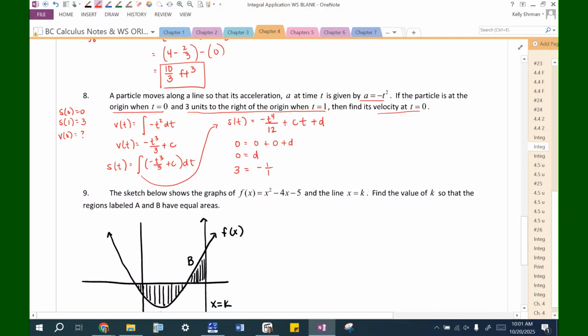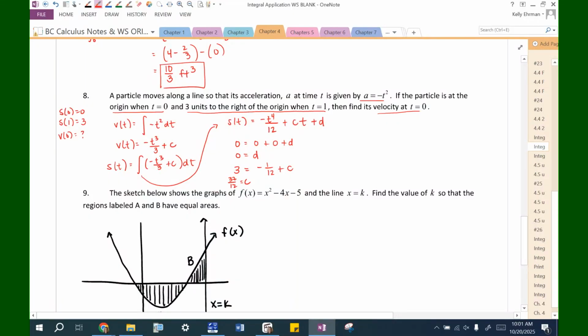So negative 1/12 plus c is equal to 3, and the plus d is 0. So I can solve for c here. So 3 and 1/12, or what is that? 36 over 12 plus 1 over 12 is 37 over 12 for c.